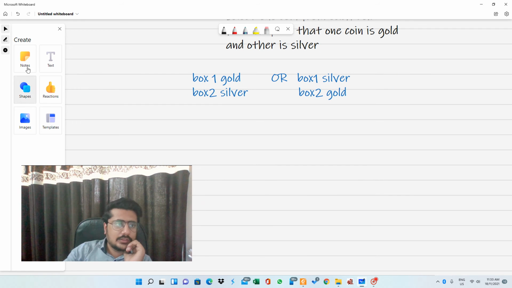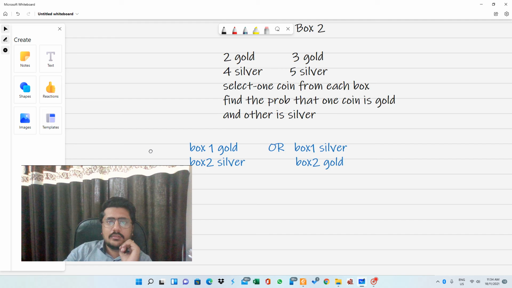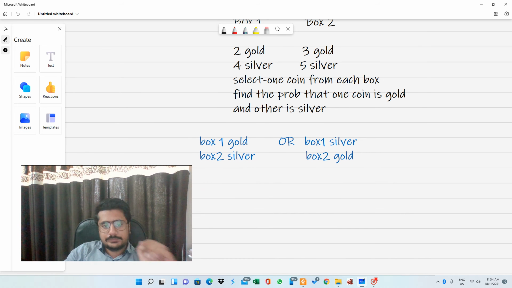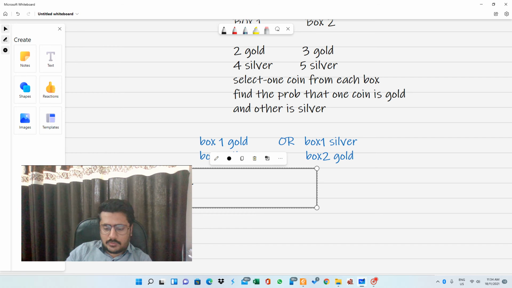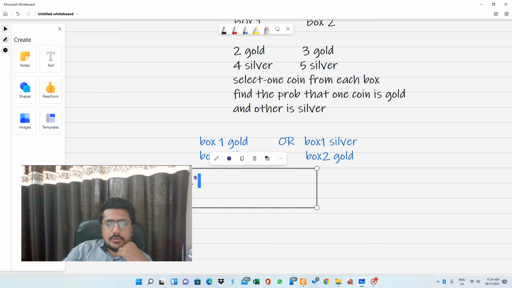As far as this possibility is concerned, that is box 1 gold and box 2 silver, if I am taking gold from box 1, it is 2 by 6, into box 2 silver, so it will be 5 by 8.